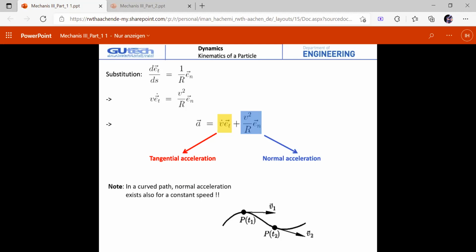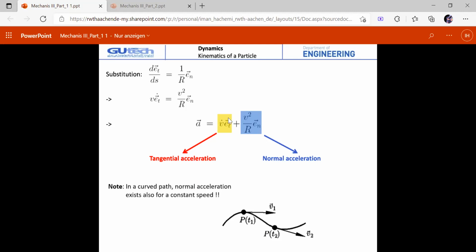In a curved path, normal acceleration exists also for a constant speed. That means if the velocity is constant, as you can see there is v dot, and if v dot is zero, the velocity is constant, so there is no tangential acceleration. Because at each position the tangential velocity is the same at this point and at this point, at times t1 and t2.